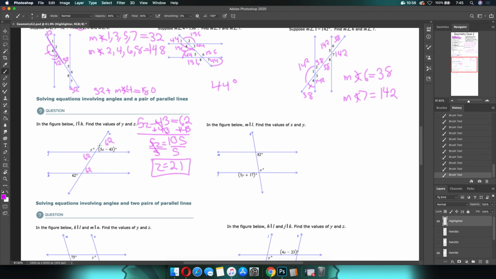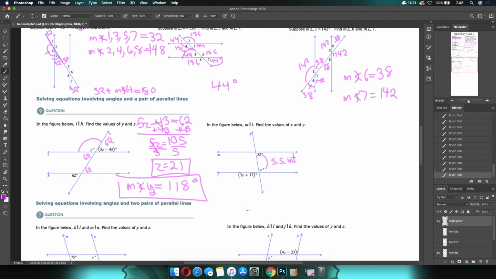Now, this is 62, so what is 180 minus 62? So the measure of angle y is 180 minus 62, so 118 degrees. There you go. This one, let's see here. These two are same side interior.